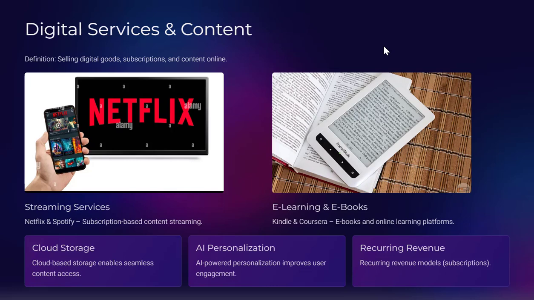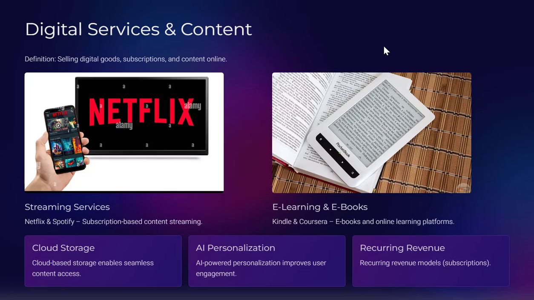This includes streaming services like Netflix and Spotify for music, Netflix for movies, where users pay a subscription fee for access to the content. It also includes e-learning platforms like Kindle and Coursera, which provide access to ebooks and online courses.